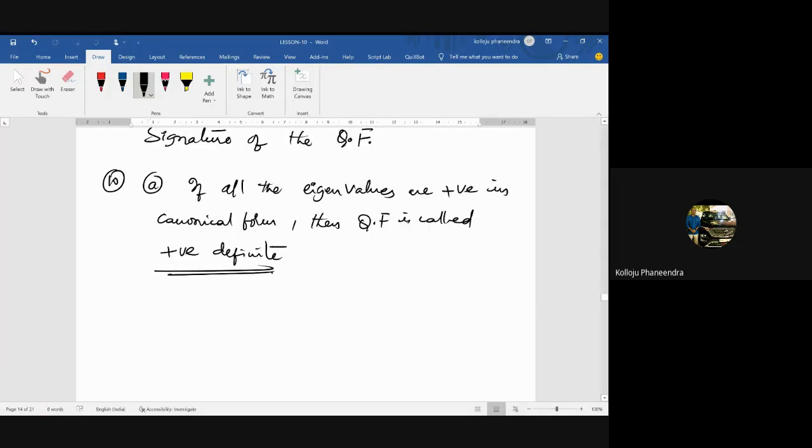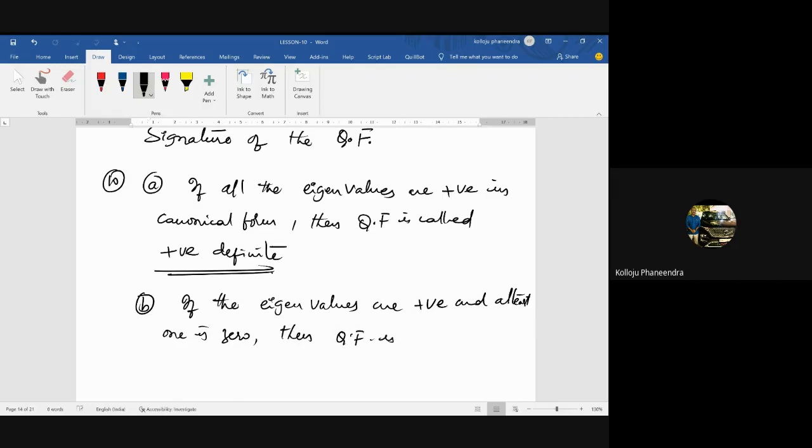Next, if the eigenvalues are positive and at least one is 0, then the quadratic form is called positive semi-definite.